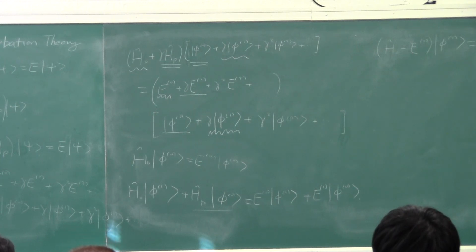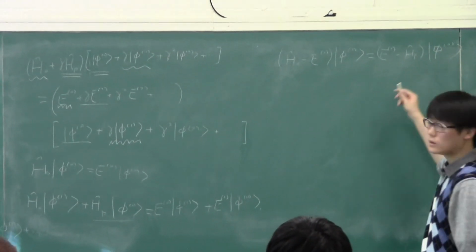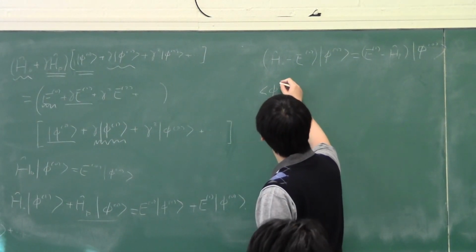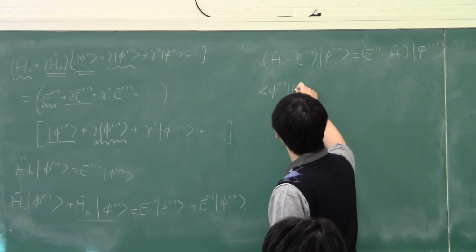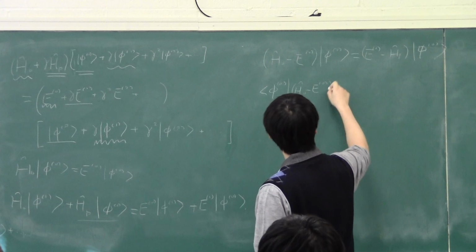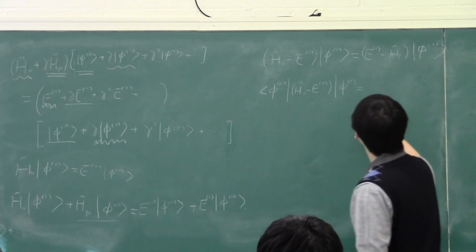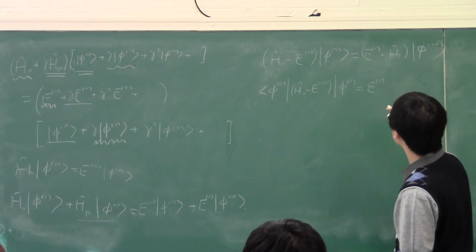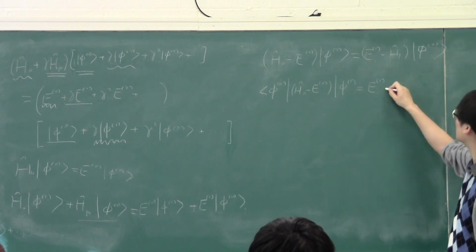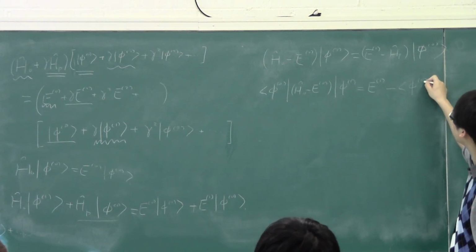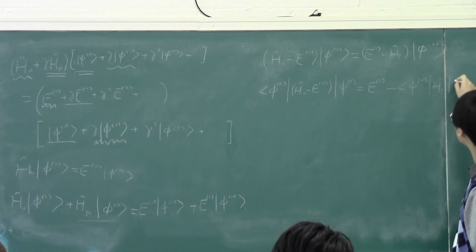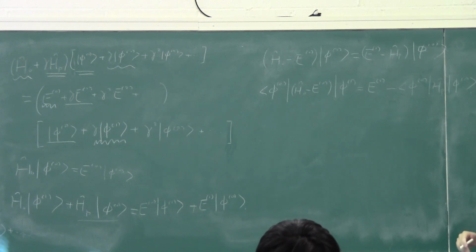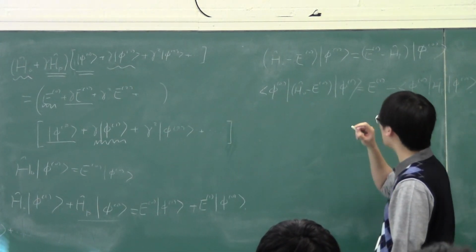So why haven't we arranged it this way? Actually, these two are not very different, in the sense that if I now test this equation with the eigenfunction phi 0, phi 0 and phi 0 is a number, which gives you minus phi 0 with the perturbation and phi 0.